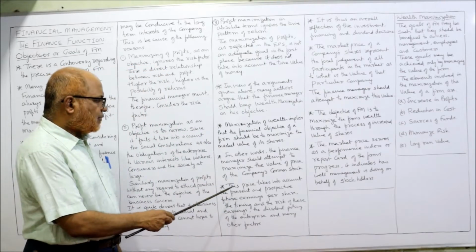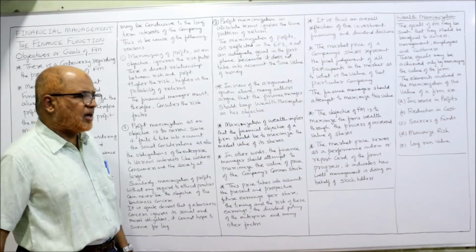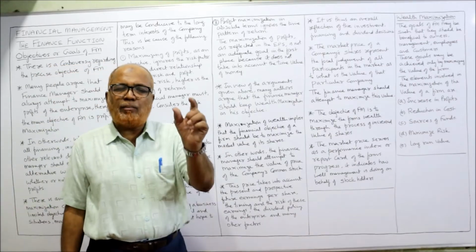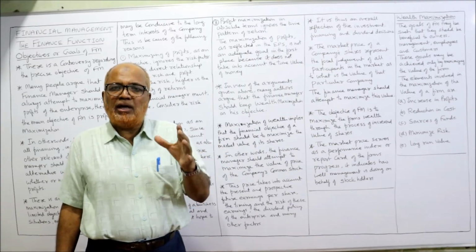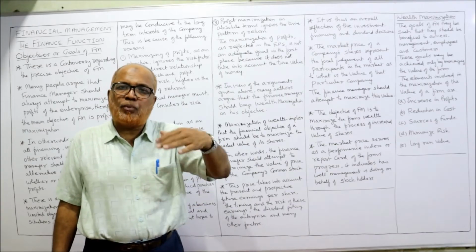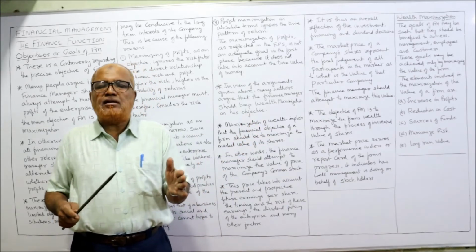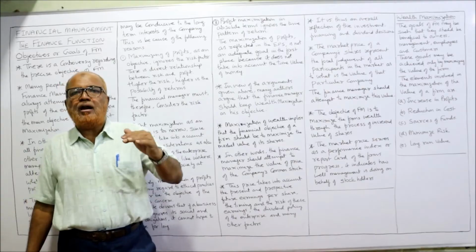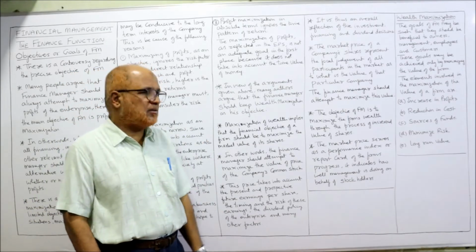Then this price takes into account the present and prospective future earnings per share. Whatever market price is there, it reflects the present and prospective earnings per share. How much the company is presently earning and how much the company may earn in future, the prospective earnings.